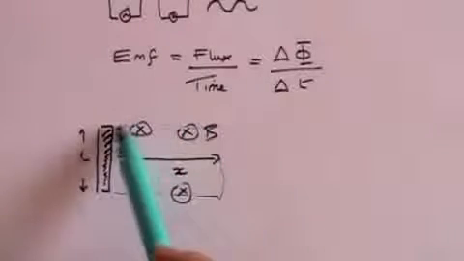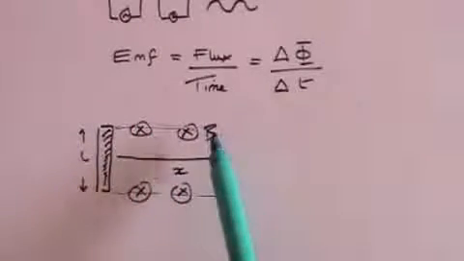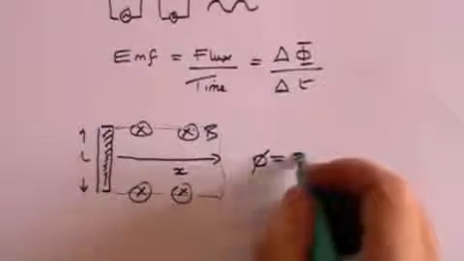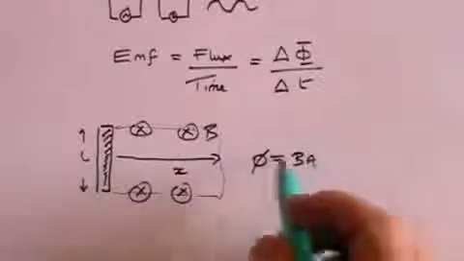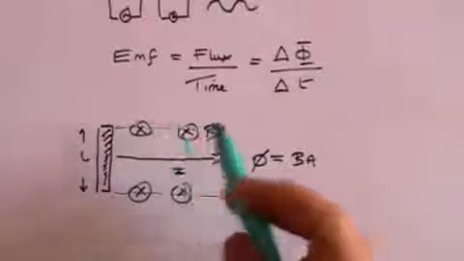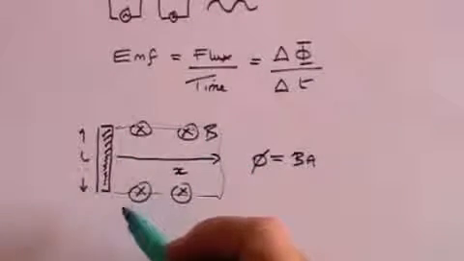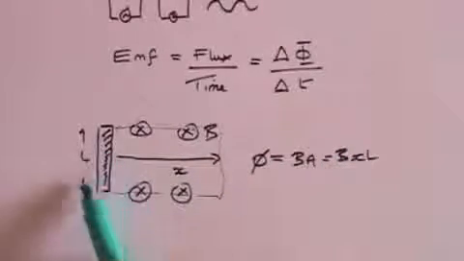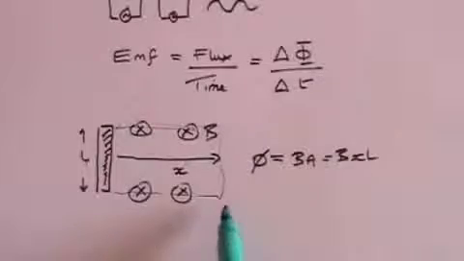Well, the flux we know is equal to the magnetic field times the area. So the flux equals BA, where B is the magnetic field and A is the area that it's travelling through. But that's the same as Bx times L, because L times x is the area.